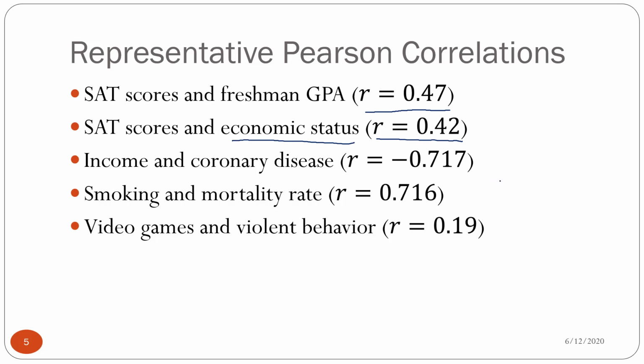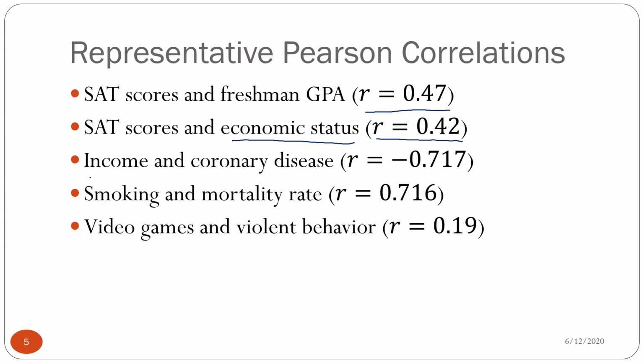So yes, we can reason about that. It means that these two variables, the SAT score and economic status, are correlating well, because that's a good correlation coefficient value. Okay, so this is an example which I was trying to give you when I was showing you the different scatter plots.